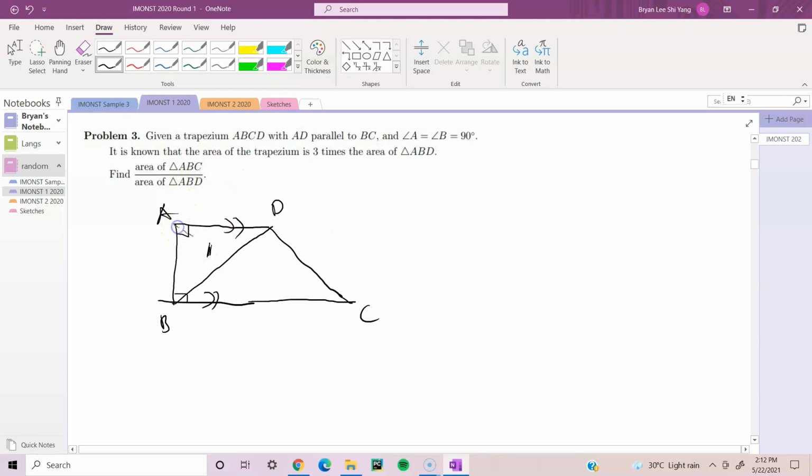So let's draw an auxiliary line. Auxiliary lines are very important in helping us understand what's going on, and can facilitate the process. Now, I want to introduce you guys to a new notation, which is the middle bracket. Normally we just use the middle bracket to denote the area.